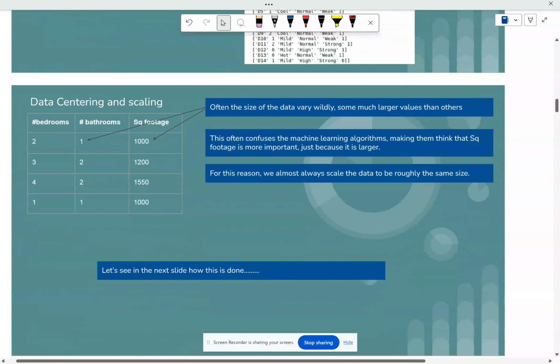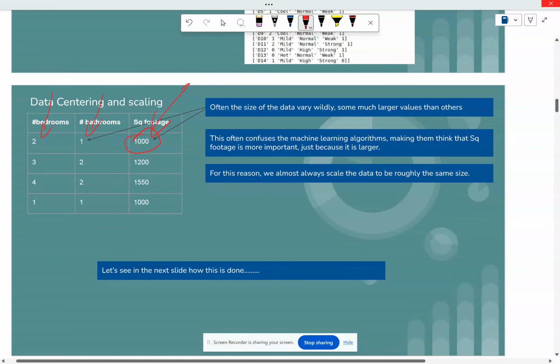Okay. The second way, which we are going to deal with more, is called centering and scaling. When we have various data, notice how sometimes the size can be vastly different. These are between 0 and 1, so these are very small numbers. But square footage could be a huge number. And when we're doing regression, often this giant number gets treated as very important, right?